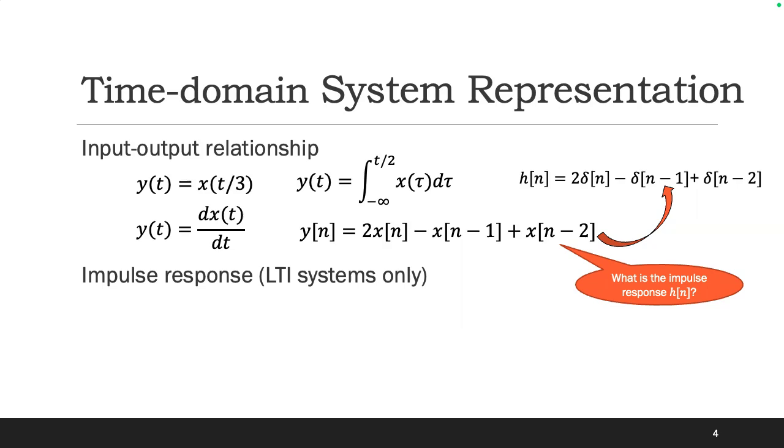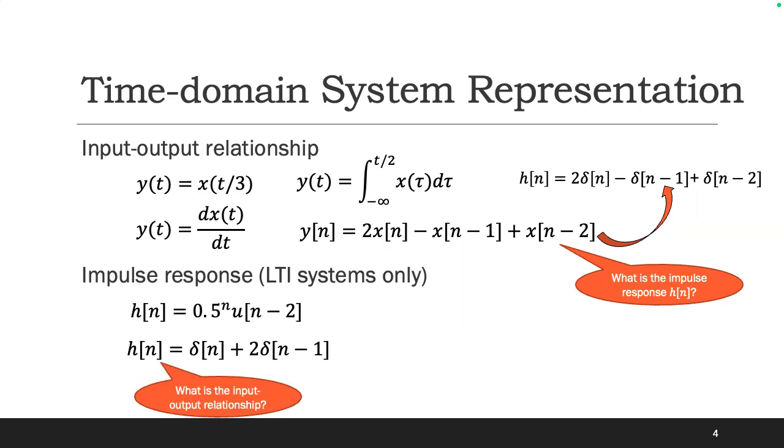We focus on LTI systems from the beginning of chapter 2 because many systems in the real world can be modeled as LTI systems, and LTI systems are easier for us to analyze.